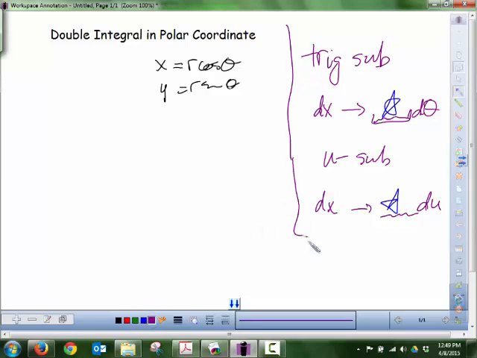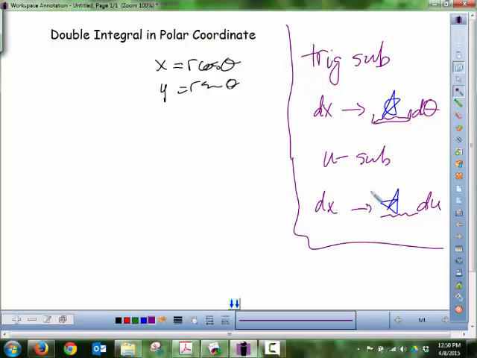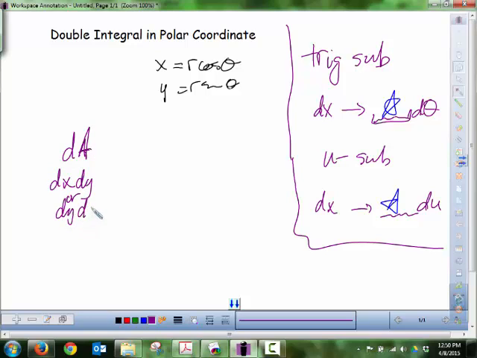So what's happening here when we do a polar coordinate switch is that we're transforming our dA, also known as dx dy or dy dx. We need to transform that into something that has a what? There's an r and a theta, so we need a dr d theta. And then the question is, what's going to go here?